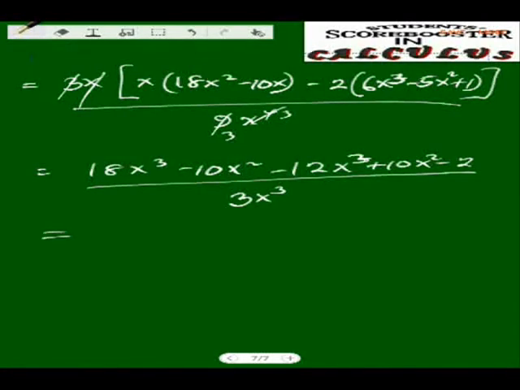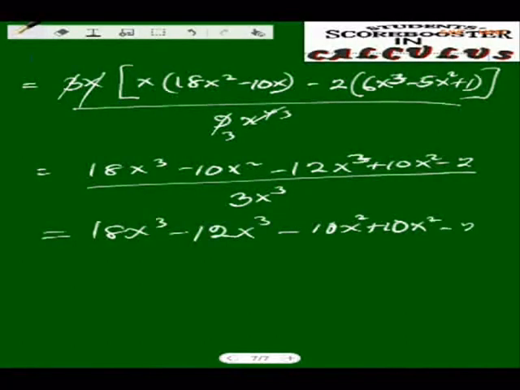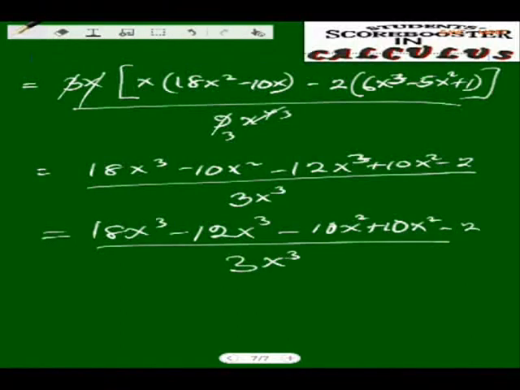So if you collect the like terms, you are gonna have 18s cubed minus 12s cubed minus 10x, then plus 10s squared plus 10s squared, then minus 2 over 3s cubed, right?